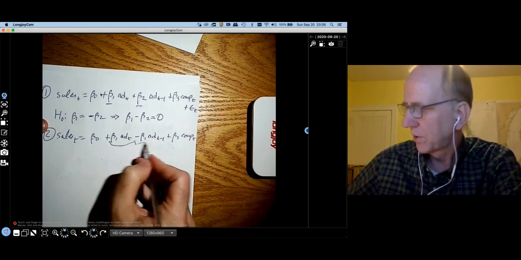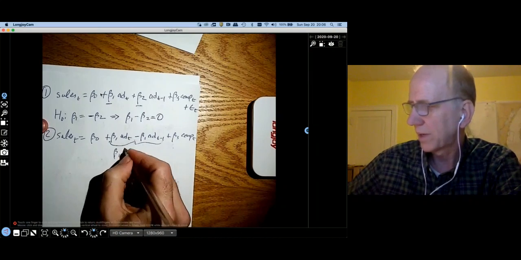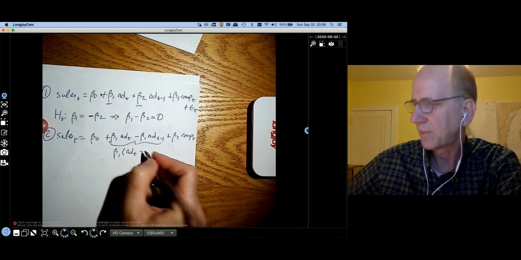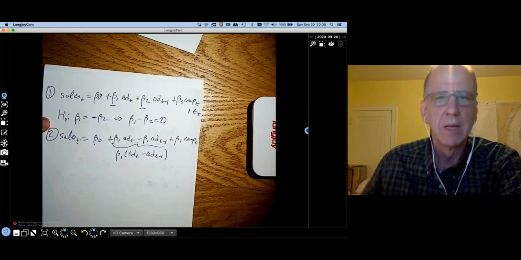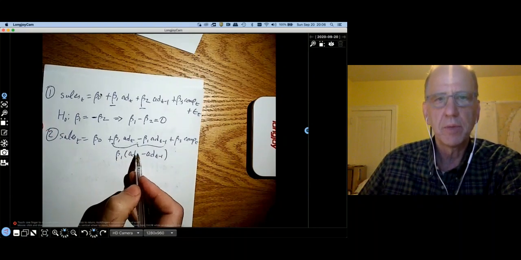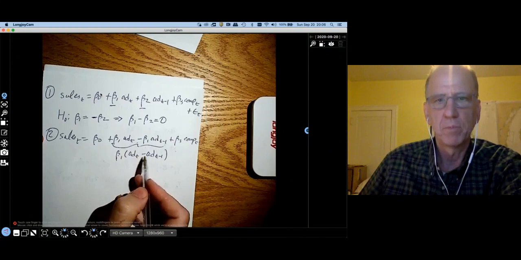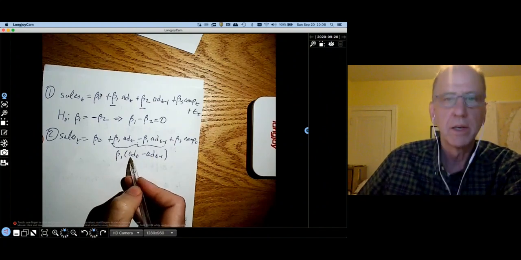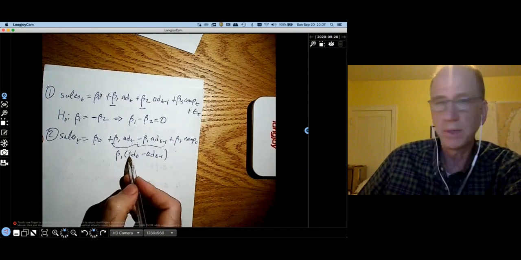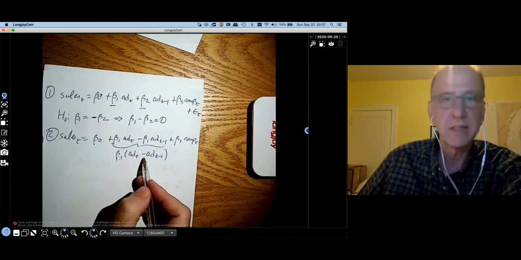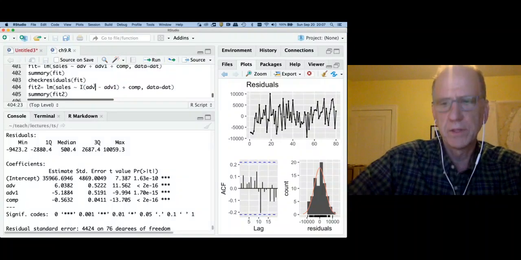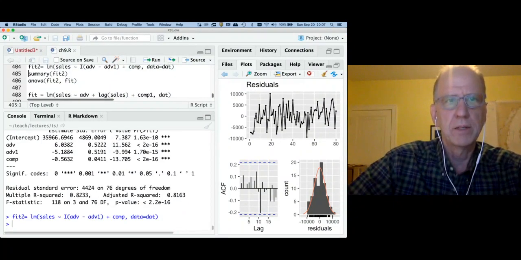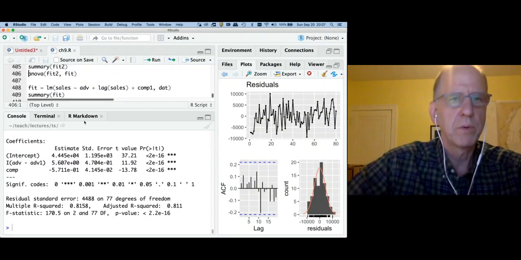So notice this whole thing is just beta 1 times ad at time t minus ad at time t minus 1. So this is a reduced model that puts on this constraint that the effect this period, beta 1, is just negative the effect for the lagged version. Let's go fit this, and you can go see what you end up with.